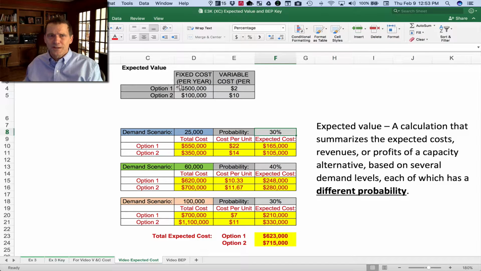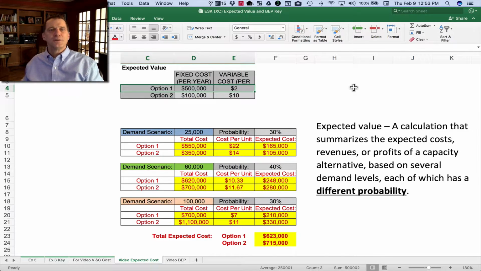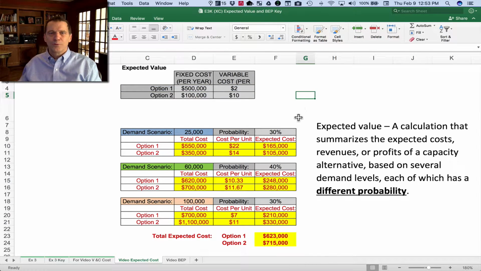What you can say from a reasonable point of view is we know that the more volume we get, the more option 1 is going to look good. The higher volume goes, the better that low variable cost is going to be. And I can prove that to you by basically saying there's a 60% chance of low volume and a 10% chance of high volume and a 30% chance of the middle volume.